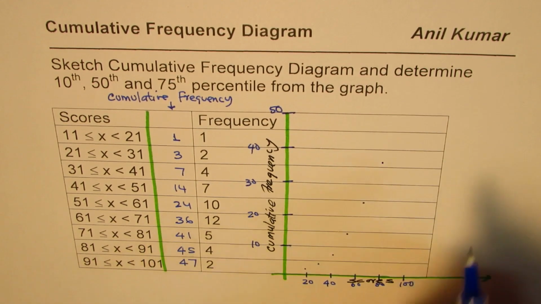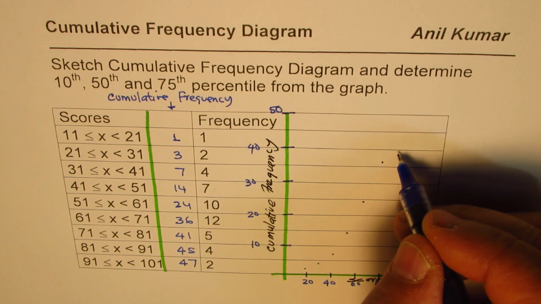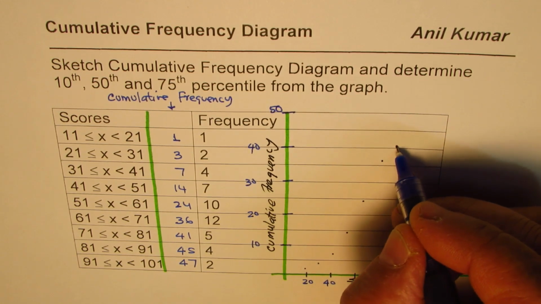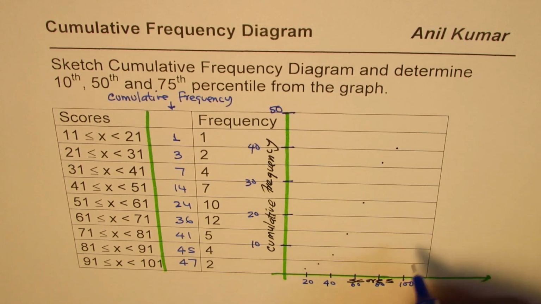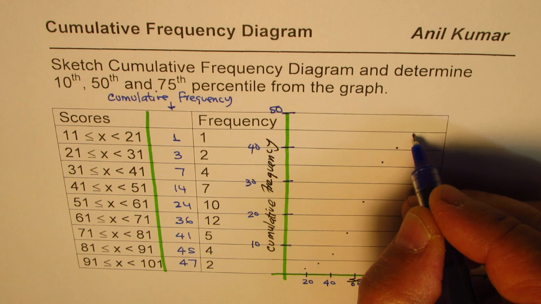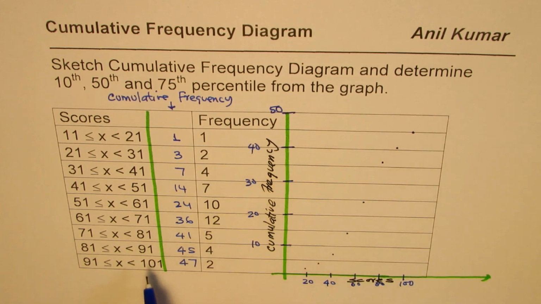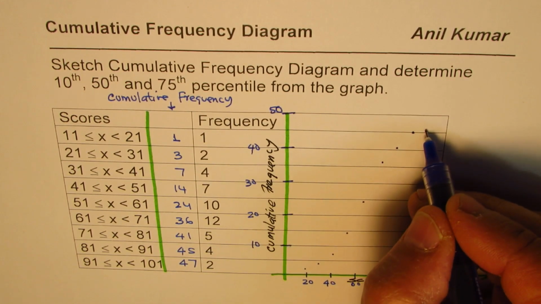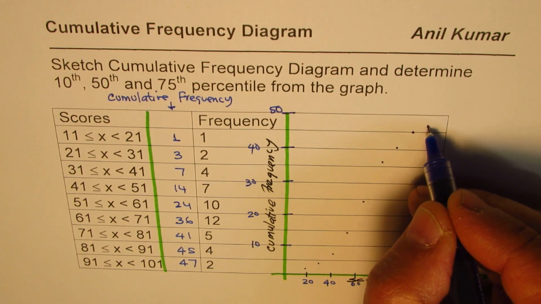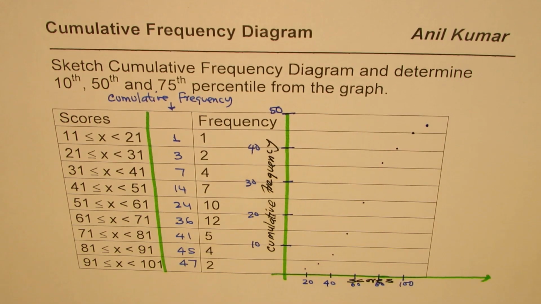For 80, 41. So 80 is right there, very, very close to 40. Okay. For 90, 45. So 90 is here. Okay. 45, that's a good point. And then for 100, it is 47. So for 100, it is 45 and say here, okay, 47.